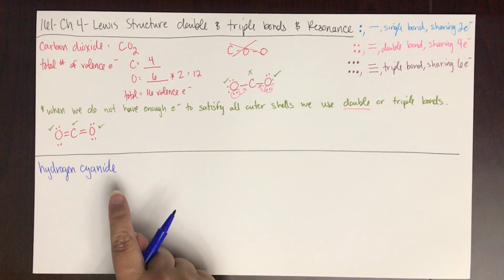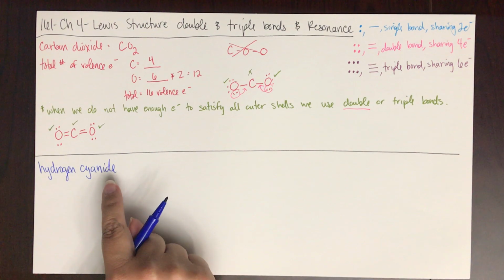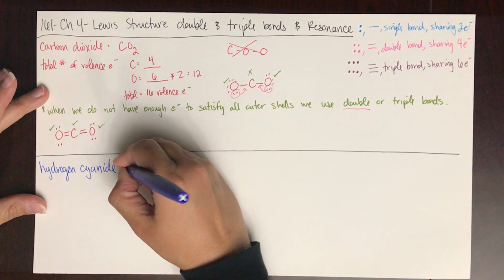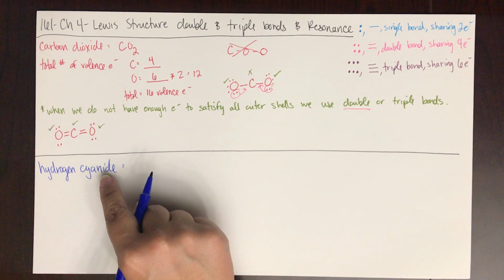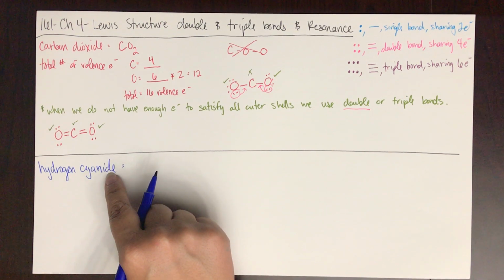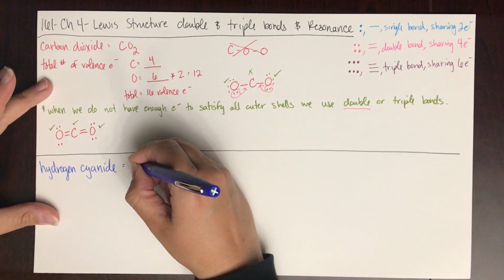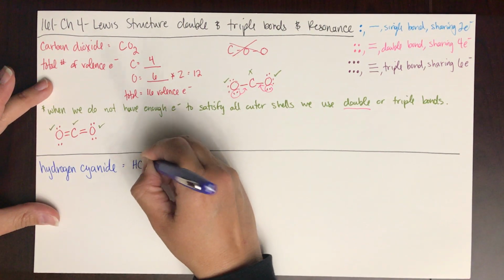So this is not an example of a name that I would expect you to be able to tell me the formula of. The cyanide ion is CN minus, and then the hydrogen ion is H plus. So the hydrogen cyanide is HCN.